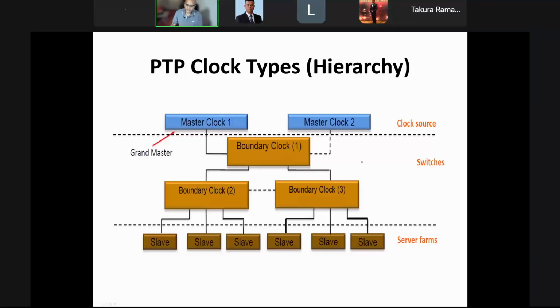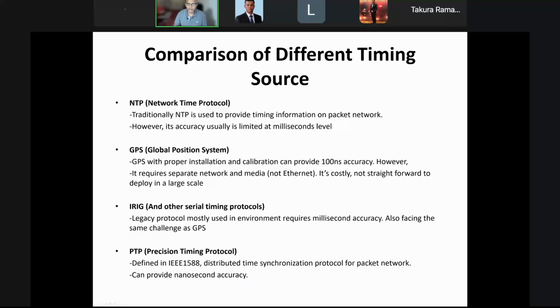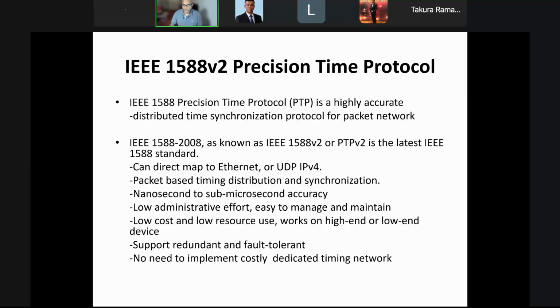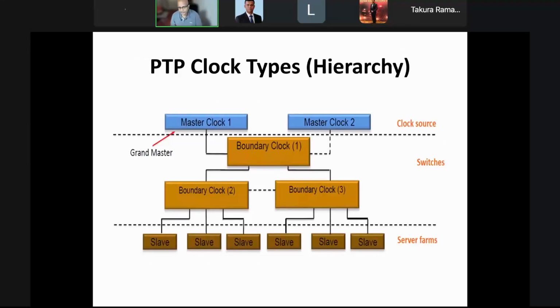Then the second layer is the boundary clocks. Boundary clocks mainly reside on the switches. So when you are purchasing switches, you should consider the boundary clock functionality, supporting 1588 version 2 or beyond. Then the last layer is usually the servers or end hosts. They are the slaves getting time from the boundary clocks.